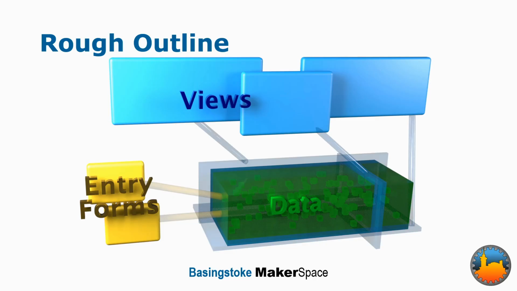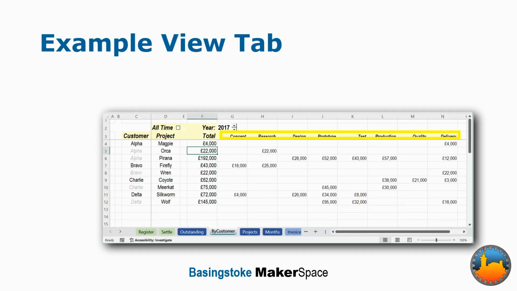As we saw in example 3, the typical data exploration application has 3 parts: the data, some way of modifying it, and a set of views, each one of which displays some kind of slice through the data. In the example 3 video, we saw a typical view tab.